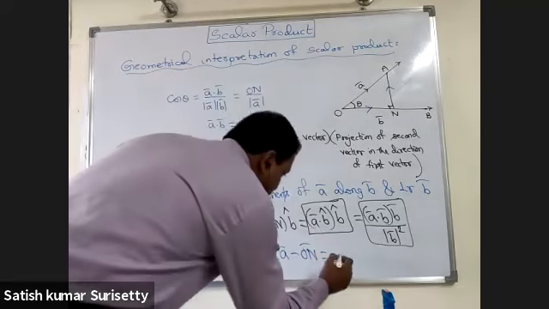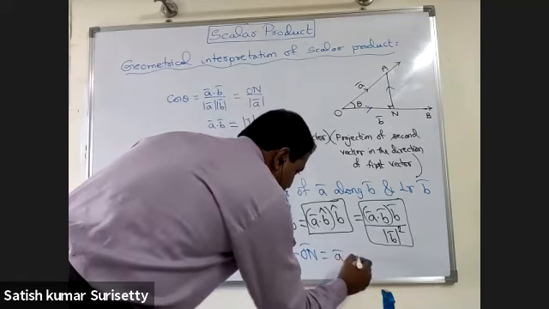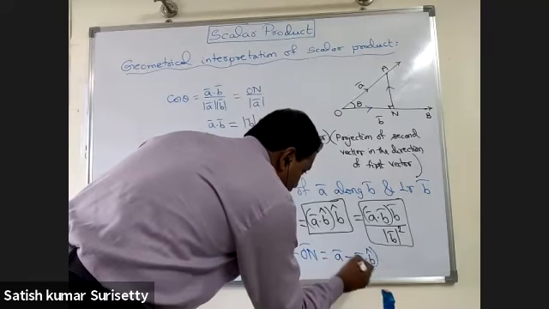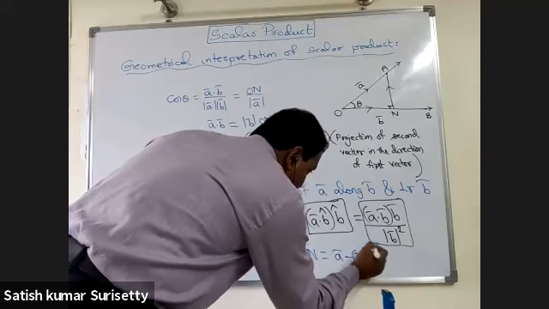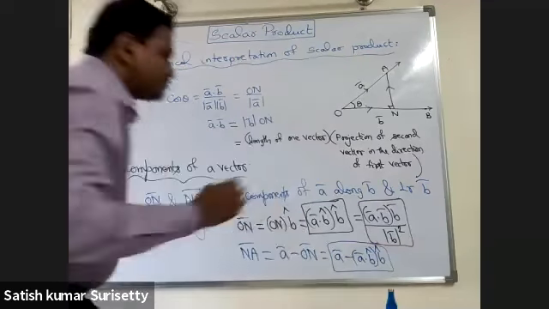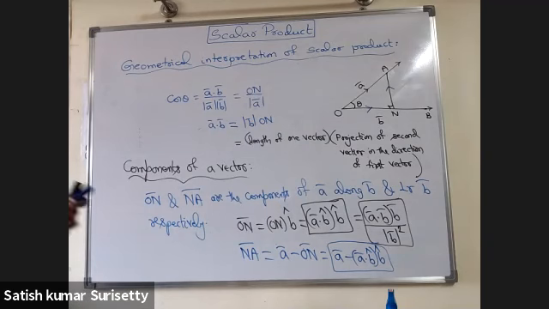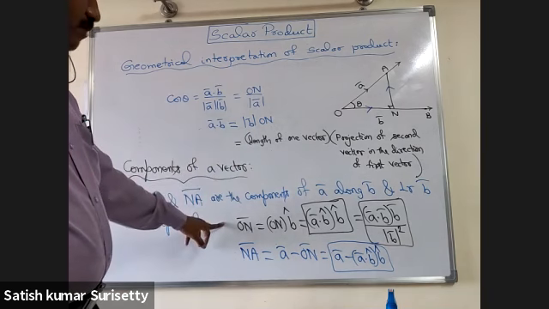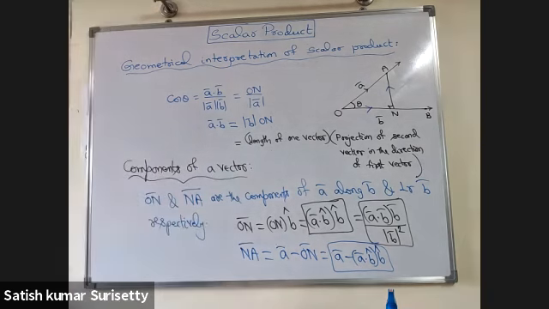That is A bar minus A bar dot B cap into B cap. So this is the vector component of A bar along B bar as well as perpendicular to B bar.